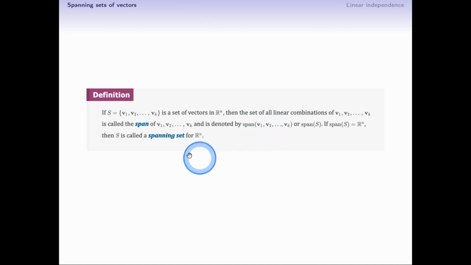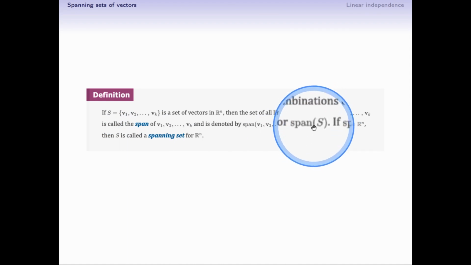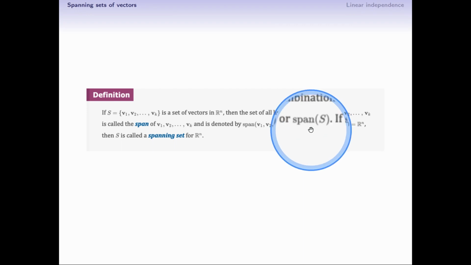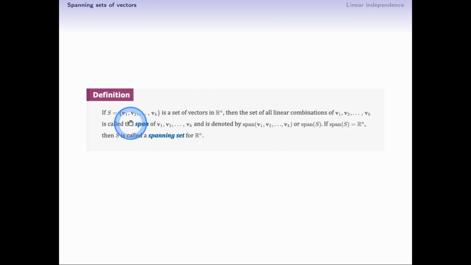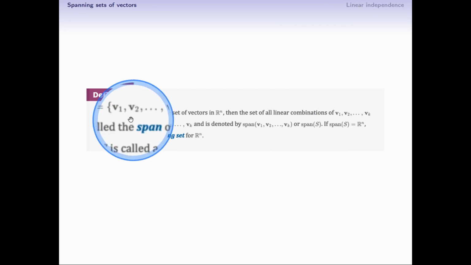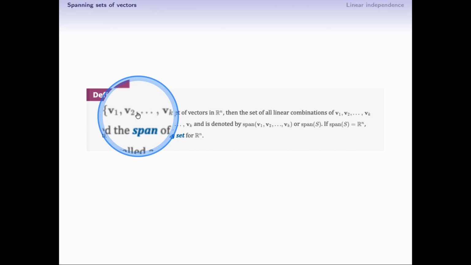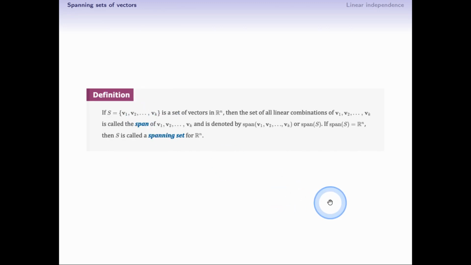Now, it is typical to represent that entire collection of vectors by a single symbol S, and so we can just call that the span of S, where S is standing in for that entire collection of vectors. So that's going to be our shorthand. Span of S will be the set of all vectors that we can reach from this collection V1 through Vk by taking linear combinations of them. All right, if the span of S is all of n-dimensional space, then S is called a spanning set for n-dimensional space.